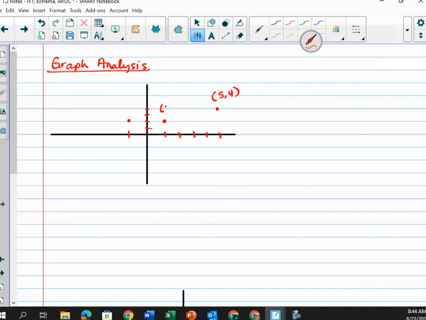And I'll label points for you. All right, I think all the points you need are on there. Give me a second on the graph.